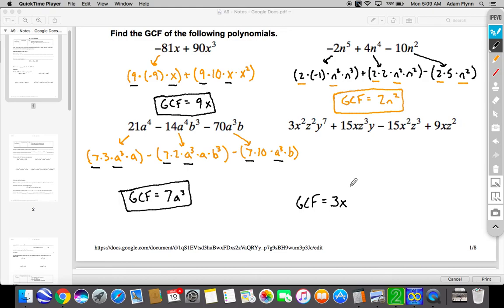My smallest exponent is a 2, so I know I'm going to have at least 2 z's in all 4 of those terms. And now if we take a look at the y's, we've got y to the 7th, y, and our last 2 terms don't have a y, so it will not be a part of our greatest common factor.